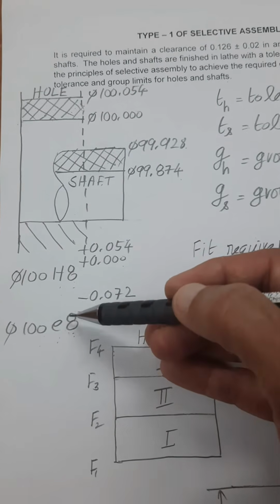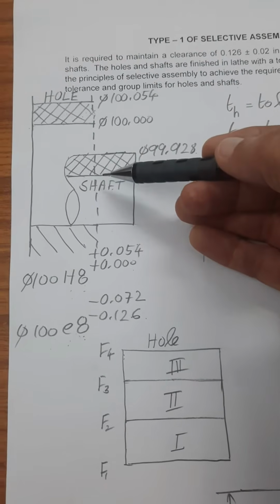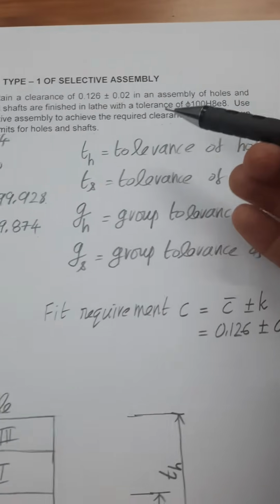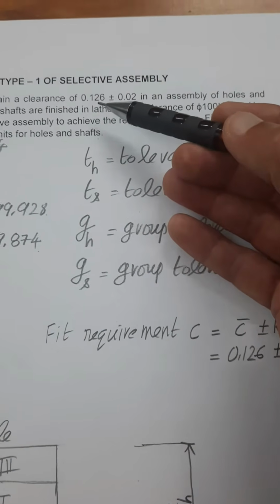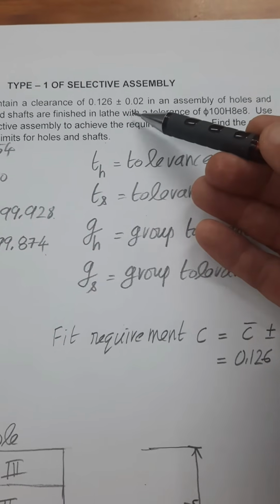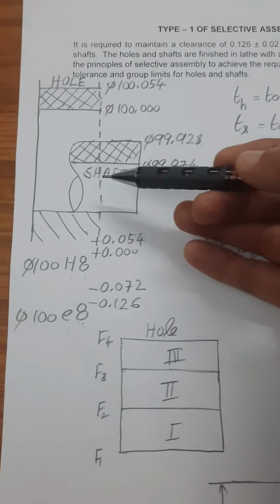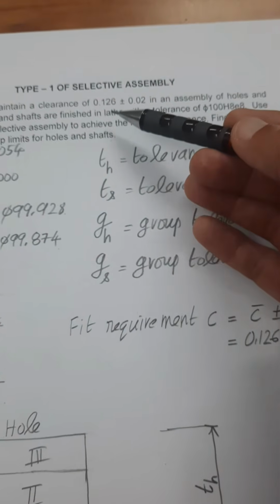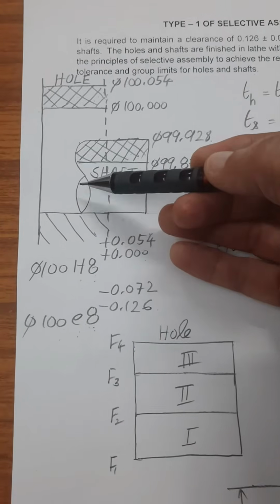I want to manufacture the hole and shaft with the available machine without increasing the cost, but at the same time I want to attain a very close clearance of 0.126 plus or minus 0.2. Unless I adopt selective assembly, I cannot attain the required clearance without increasing the cost of the assembly.